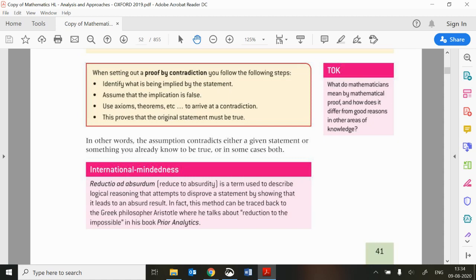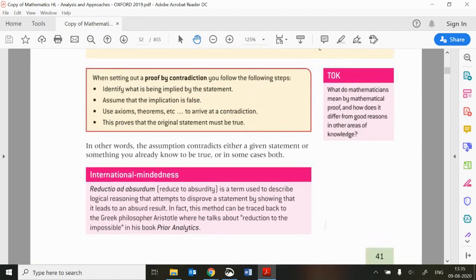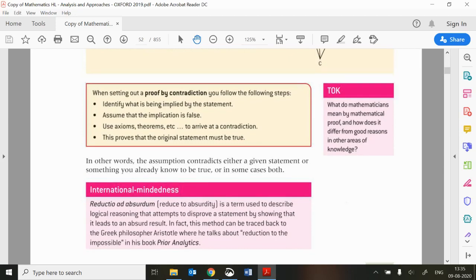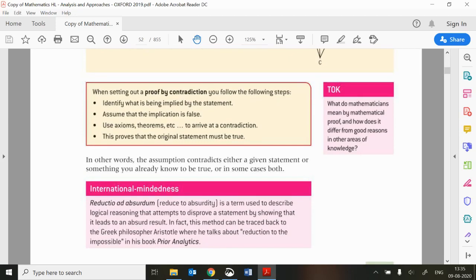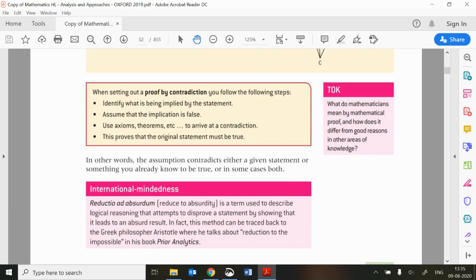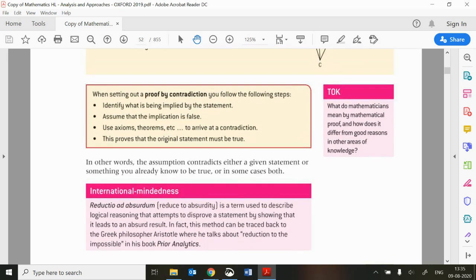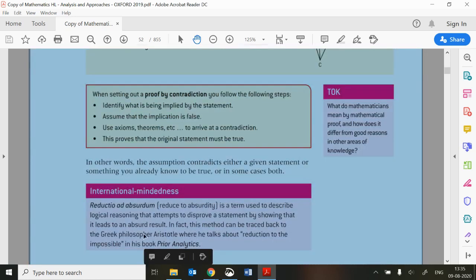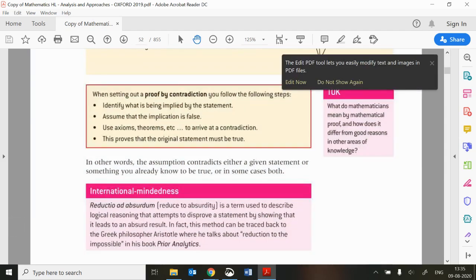Okay, and also there's a little talk about, just underneath here, this idea of reductio ad absurdum, reduced to absurdity, which is an idea first proposed by the Greek philosopher Aristotle, or at least as far as we know. That's kind of interesting. If you want to read up on that, you can.